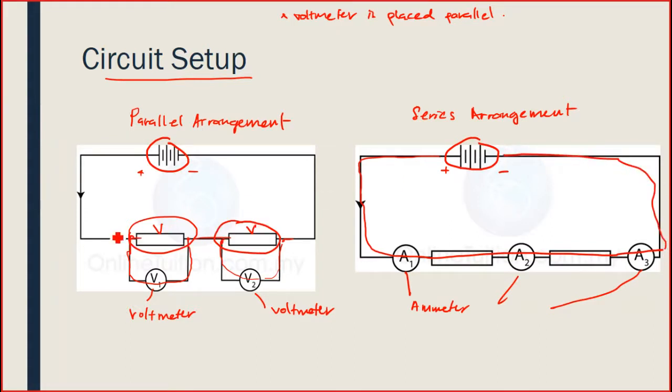If you measure the current in a parallel arrangement, the current will split, so you cannot really place an ammeter in a parallel circuit. So that's the idea over here: the ammeter is placed in a series arrangement.